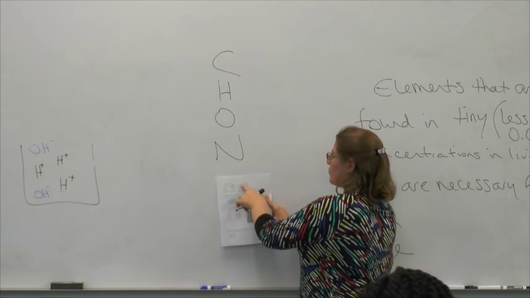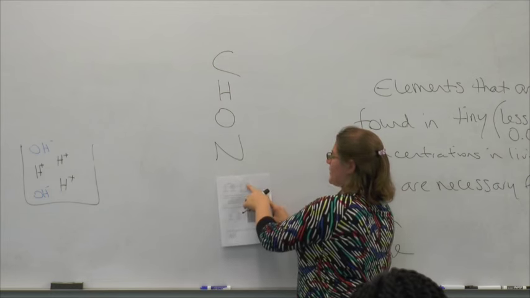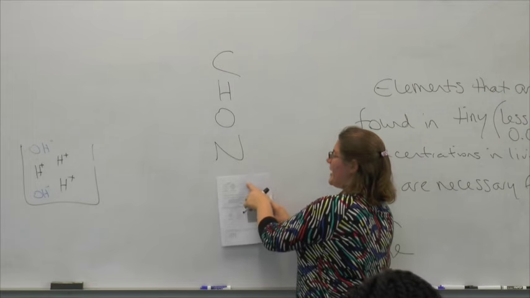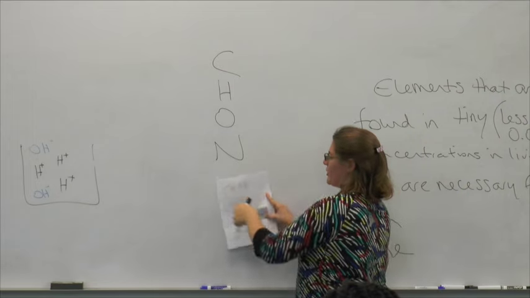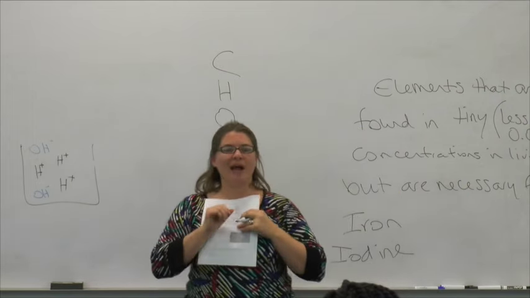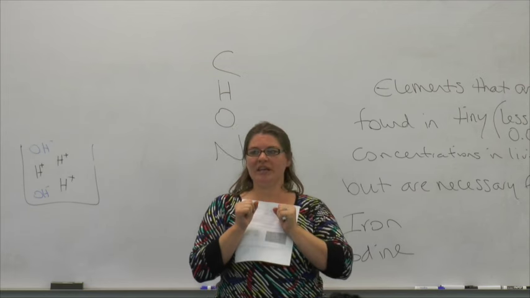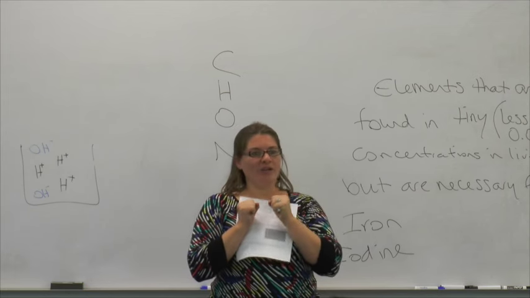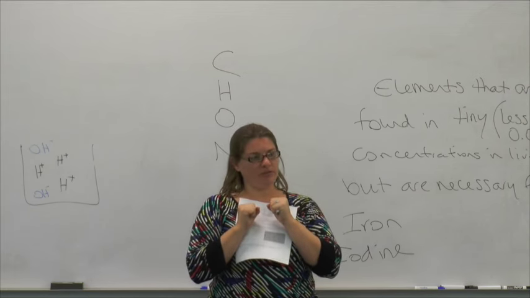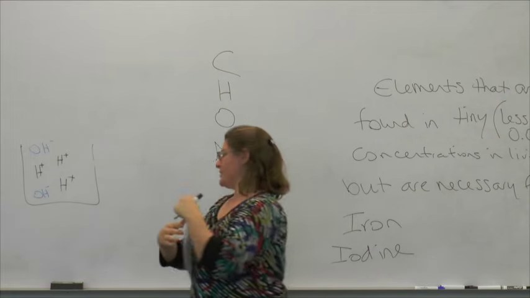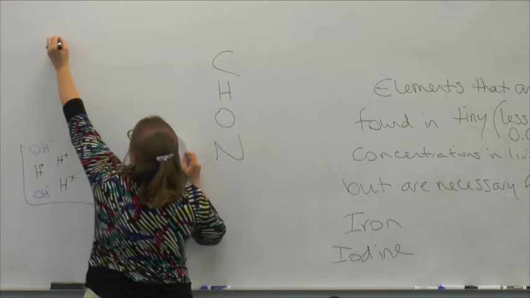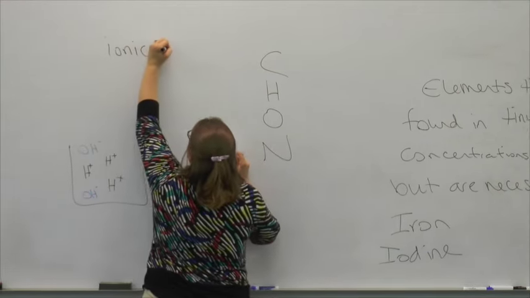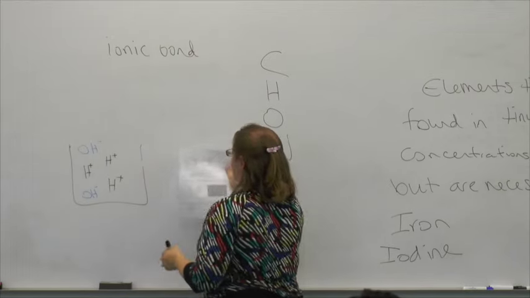And then the chlorine atom takes on an extra electron, so it becomes the anion, negatively charged. So opposites attract, that positive sodium and the negative chloride ion are being held together by what kind of bond? Ionic bond. Okay? Ionic bond is the answer for number 7.